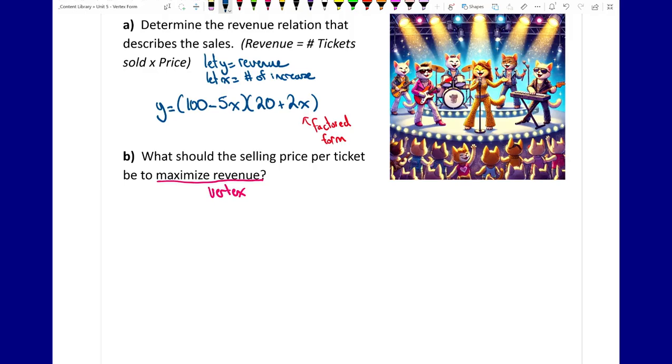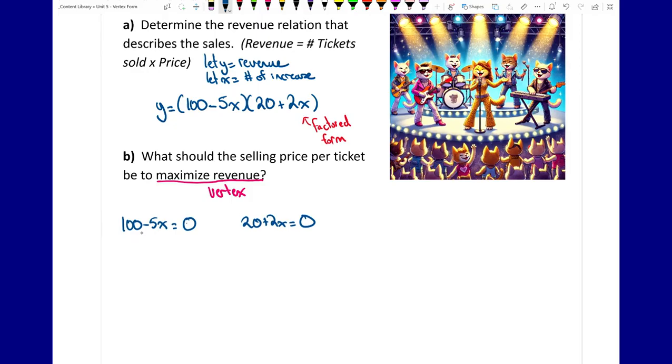If I'm going to find the vertex, I have two factors, and I can use those two factors to find my x-intercepts. So I'm going to take each of those factors and set them equal to 0, because if I find my x-intercepts, I can use them to help me find my vertex.